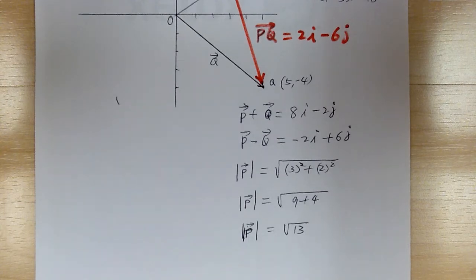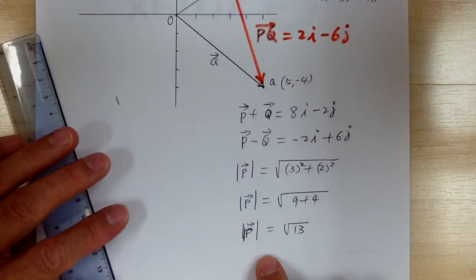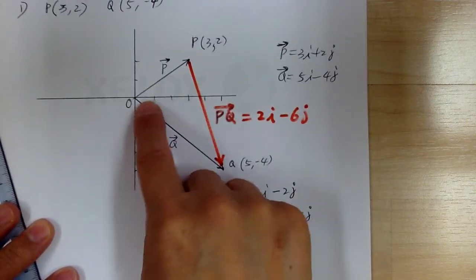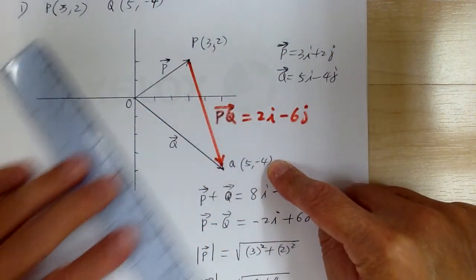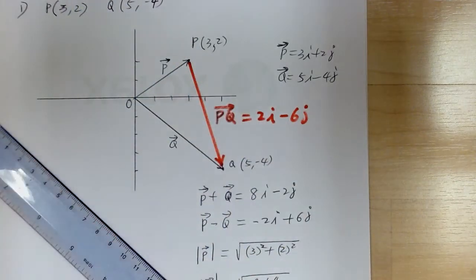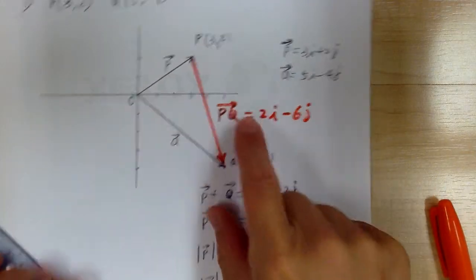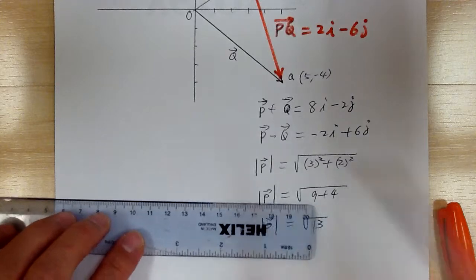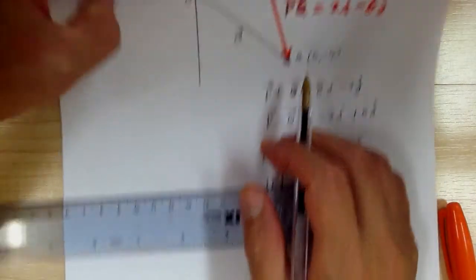Okay, and you want to draw all the vectors. So P plus Q, to draw P plus Q, you just go P and you continue with the Q. So what you do is you slide this over. I'm going to use a different graph so it's not as confusing. Okay.